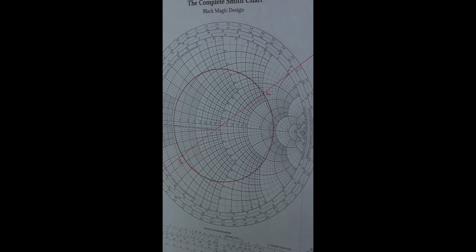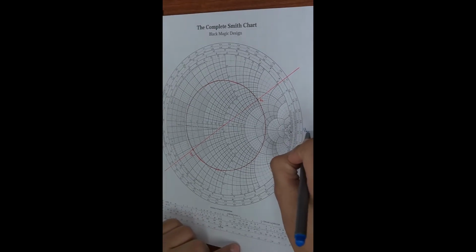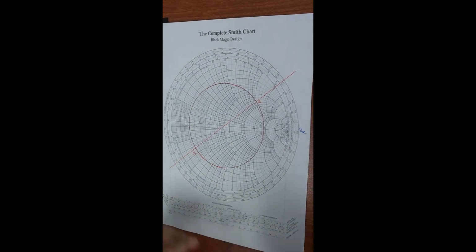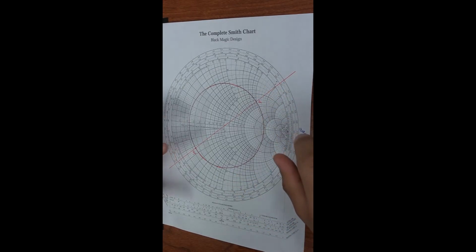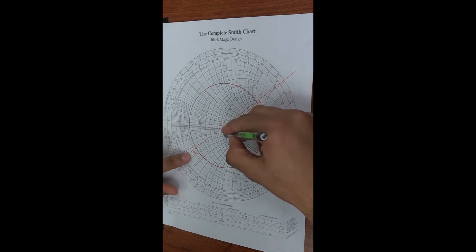The distance L we will compute by using this point over here, which is the point for the admittance of the short circuit. Now that we have our load admittance, we will need to draw the circle where our real part is 1. This circle right here.